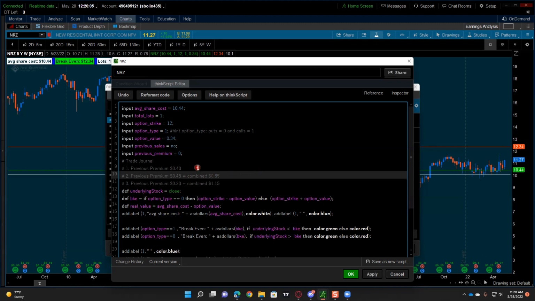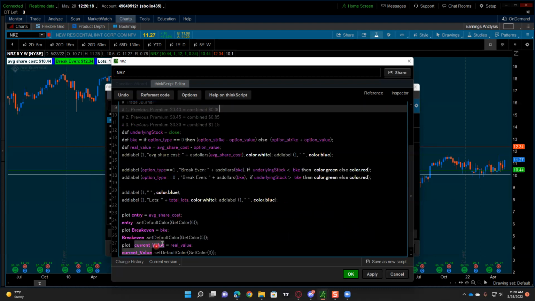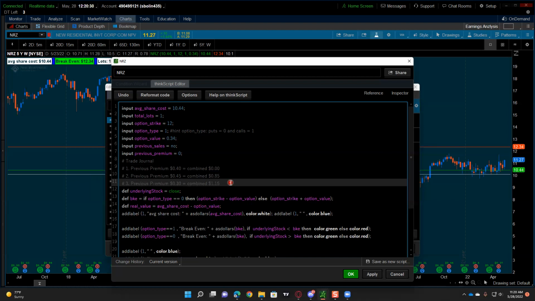So what this is showing, and what it would remind us, is what our value is. That way, when we're talking about our real value or our current value for that stock, suppose I had already sold premium on this a few different times. And right now I have a combined earned premium of $1.15.